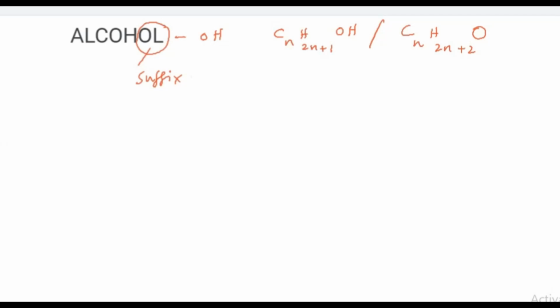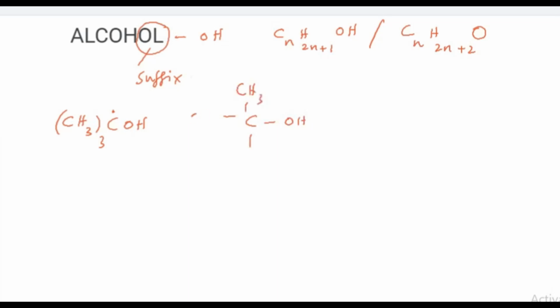If I say that you have a compound like this, CH3, 3 times, COH. Now, this carbon is actually attached with 4 different things. Now, 3 of them are CH3. If I draw the structure, now look at this.